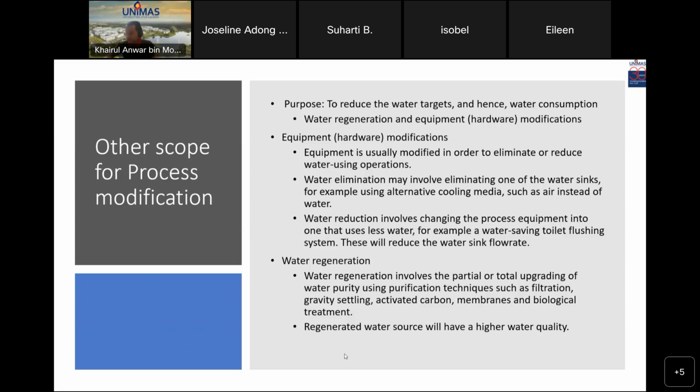So the regenerated water source will have a higher water quality. This technique can be used in isolation or in combination. For example, filtration might be essential before a membrane to prevent membrane fouling.